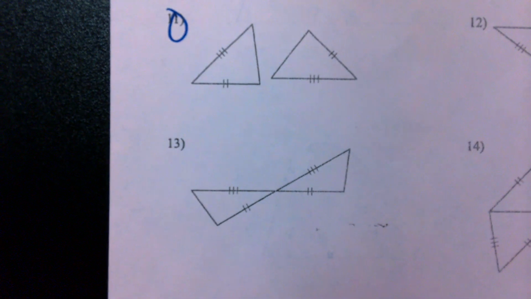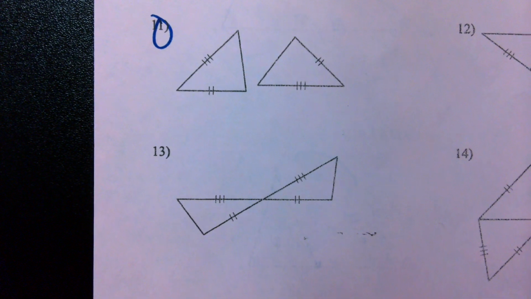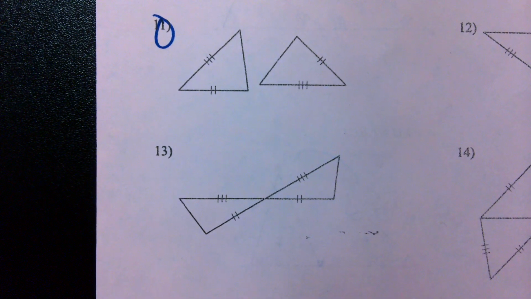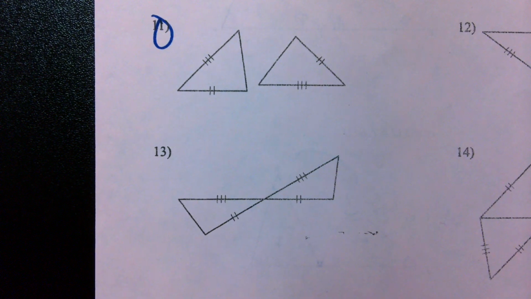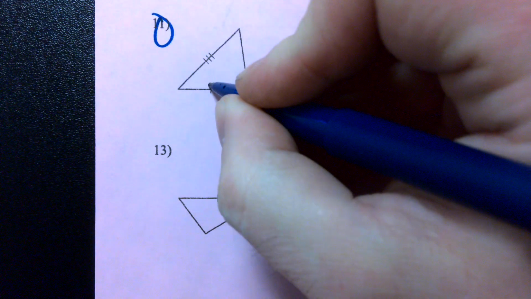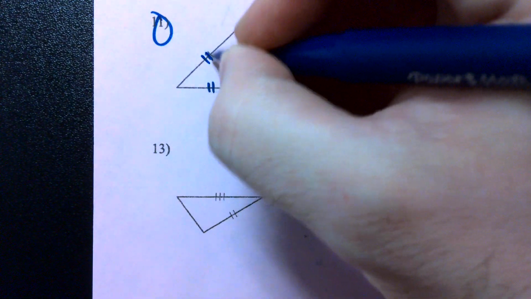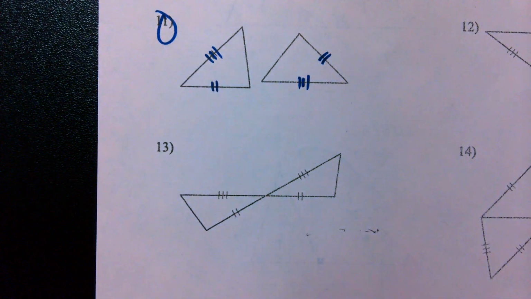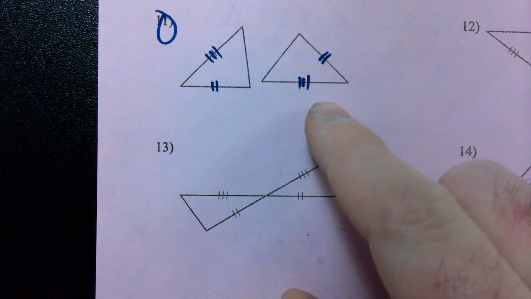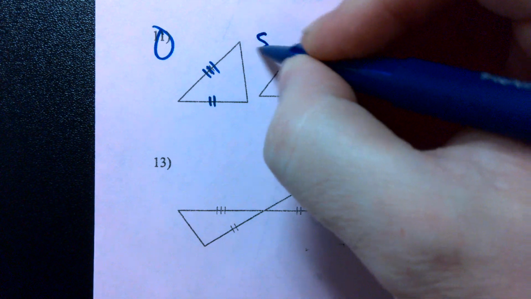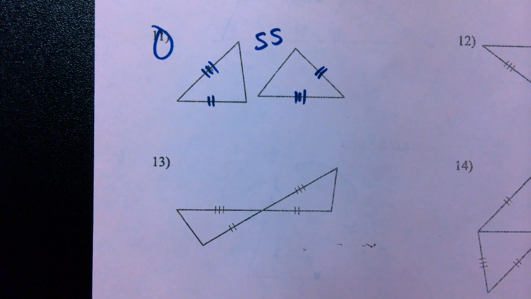So what do these two triangles have in common in number 11? Do they have any sides in common? How many sides do they have in common? 2 sides. They got this double marker and then they got this triple marker. Do they have any angles in common? No. So all we have is SS. Is that one of our congruency theorems, just SS?